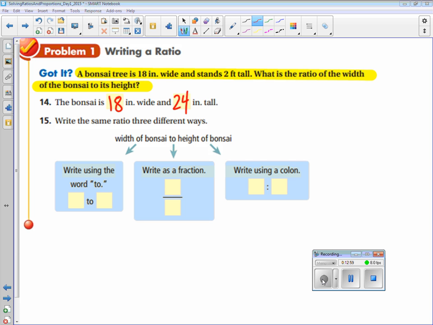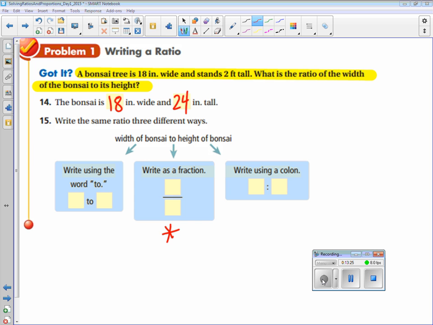We probably want to convert to the smallest unit of measure rather than go the other direction if possible. That's usually a good rule of thumb. And so we can write this in several different ways. Okay, I'm going to put a star by this one because with a fraction, we have to be careful. Usually the denominator is a total. So I'm going to kind of skip that one. I'm going to use the first and the third.